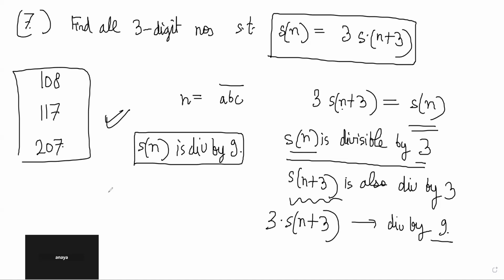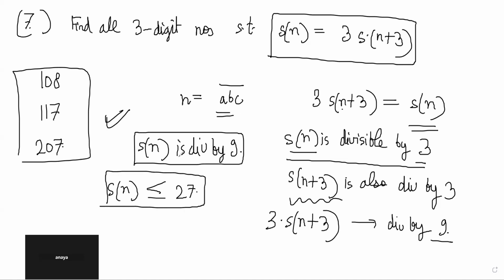So then the maximum value of S of n is less than or equal to 27, because all three digits can be at most 999. Higher than that is not possible. But 999 doesn't work in the problem, because when you do 999 plus 3, it becomes a four-digit number, 1002.